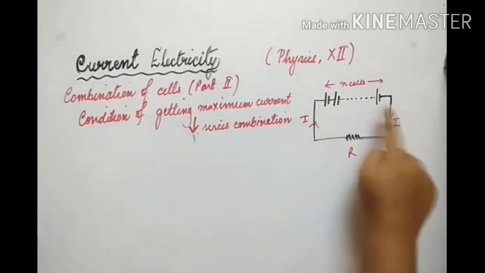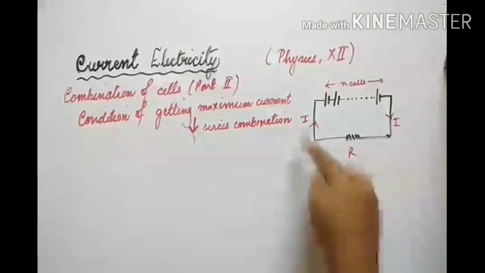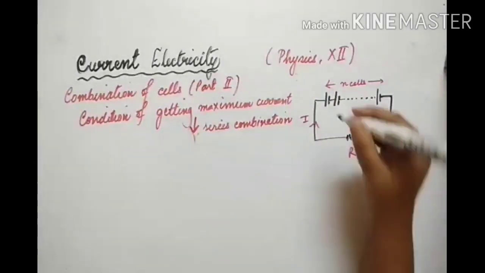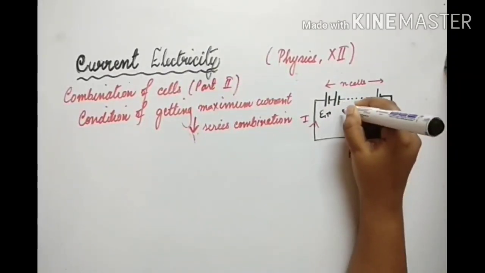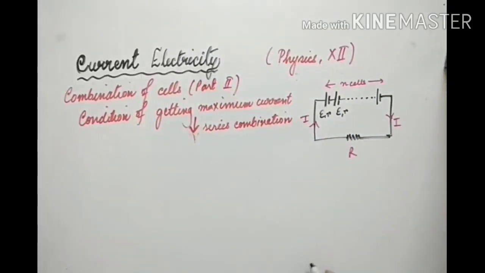These are in series and connected to an external resistance R, and current I is flowing across the circuit. In each case the EMF is E and the internal resistance is r.